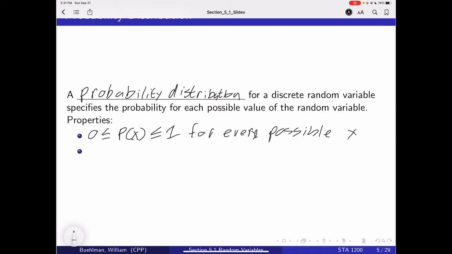Also, the summation of the probabilities of x has to equal 1. So what this is saying is for each probability in the distribution, it has to be between 0 and 1. It could include those values. And when we sum up all those probabilities together, they need to equal 1.